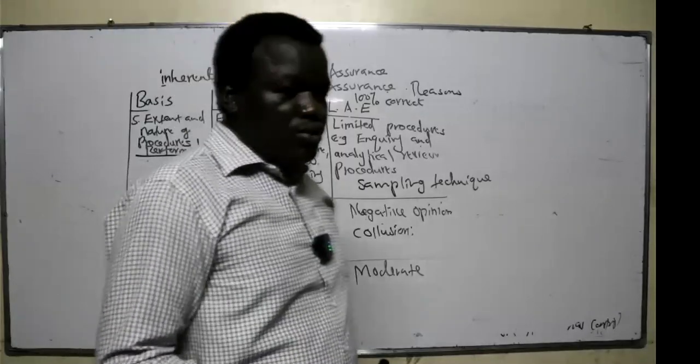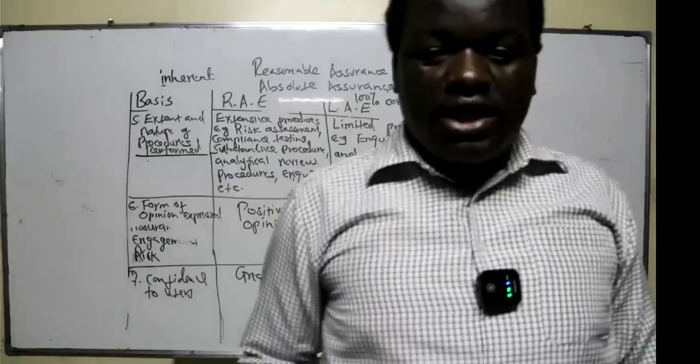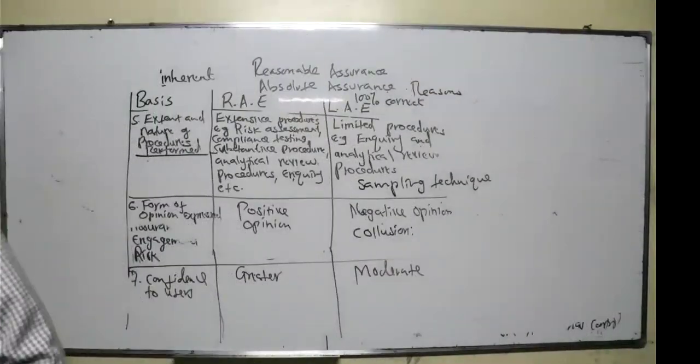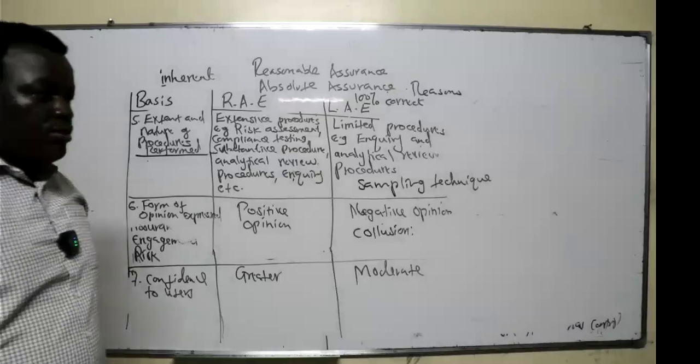This is now what you have on reasonable assurance and limited assurance. So number two is what we call direct reporting.